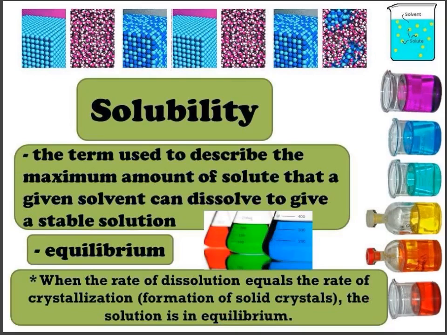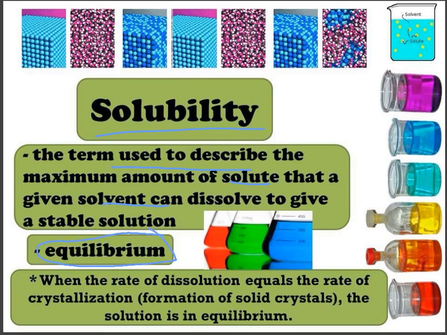When we talk about solubility, solubility is the term used to describe the maximum amount of solute that a given solvent can dissolve to give a stable solution. So solubility aims to achieve what we call equilibrium for a solution.